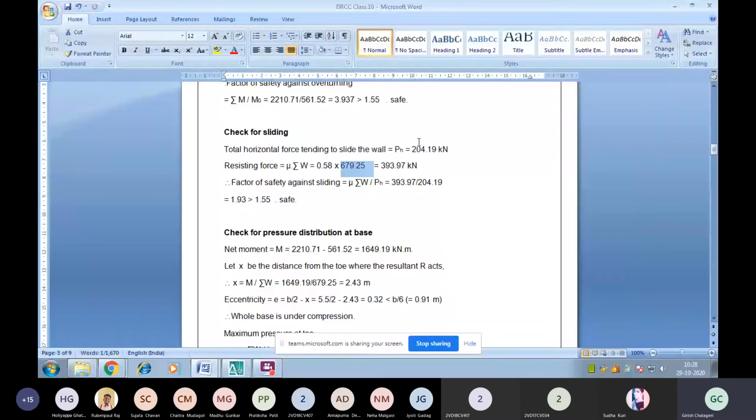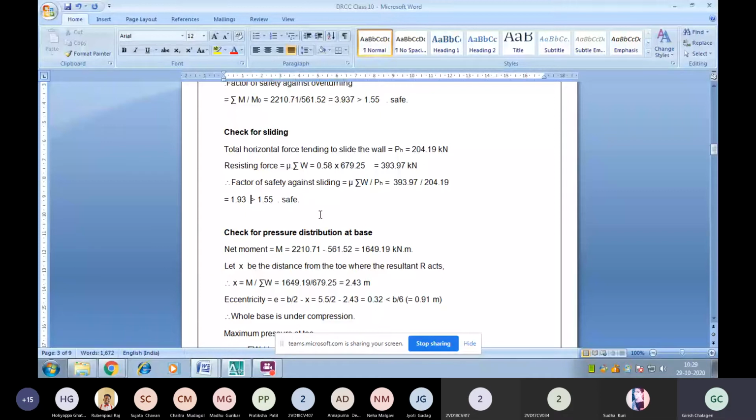The horizontal force, we know, pH is equal to 204. So the factor of safety against sliding will be mu into summation of vertical force divided by pH. Substituting all values, we get 1.93. Again, this is greater than 1.55, hence it is safe against sliding.